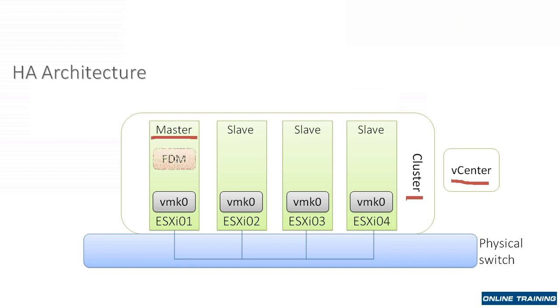The other thing that happens when we enable high availability is that the fault domain manager, or FDM, will start running on each of these hosts. The fault domain manager is basically responsible for these hosts communicating with each other. The master host will be constantly sending heartbeats to all of the slaves, and all of the slaves will constantly be sending heartbeats to the master.